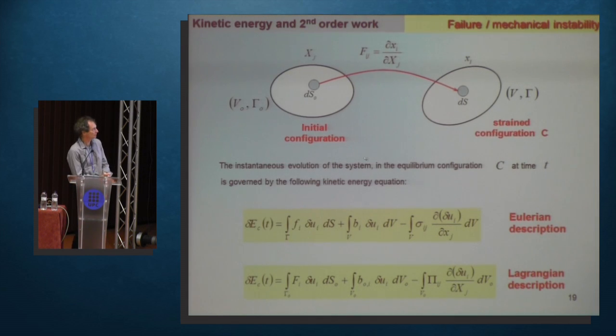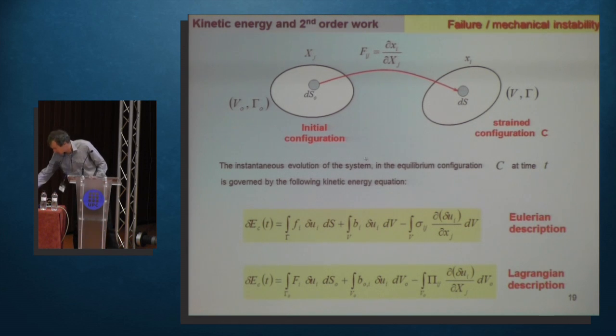The second order work is a quantity that we can derive using the kinetic energy theorem. This is what I have written down on this slide using an Eulerian description and a Lagrangian description. In what follows, I will use a Lagrangian description. It's more comfortable because I can differentiate this equation very easily, because the domains of integration are fixed.